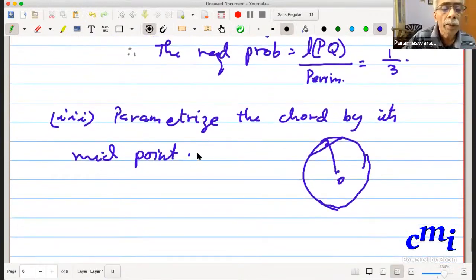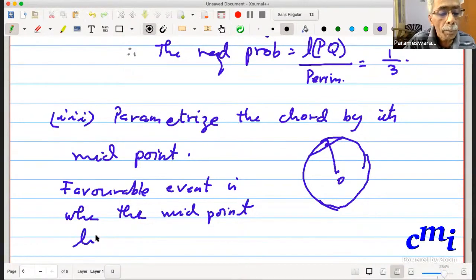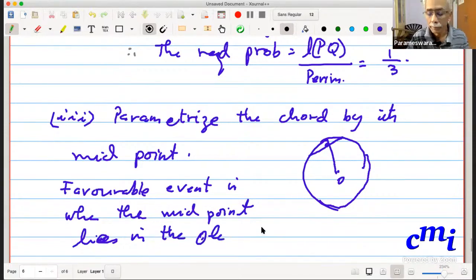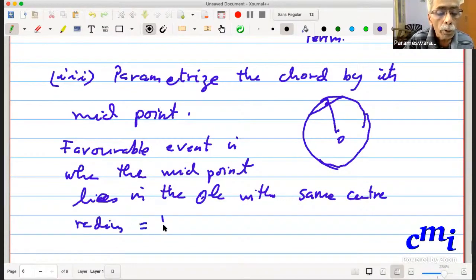So, parameterized by its midpoint, the favorable event is when the midpoint lies in the circle with the same center O and radius equal to 1/2 of the original circle.